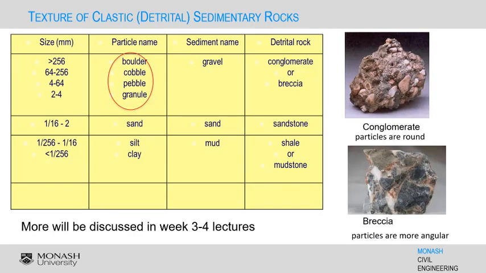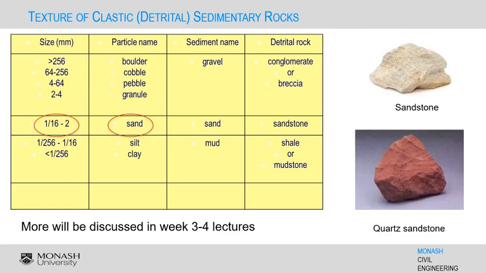Texture or the particle size distribution provides the scientific basis of classifying detrital or clastic sedimentary rocks. Conglomerate is an immature sedimentary rock that is a poorly sorted mixture of clay, sand, and rounded pebbles. The mineralogy of the sand and pebbles can vary depending on its source. In the case of conglomerates, if the particles are more angular, the rock is called breccia.